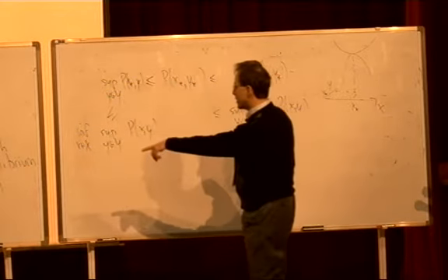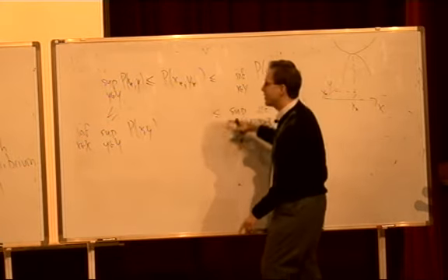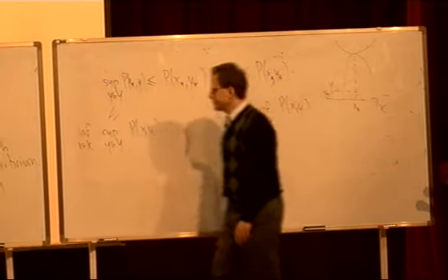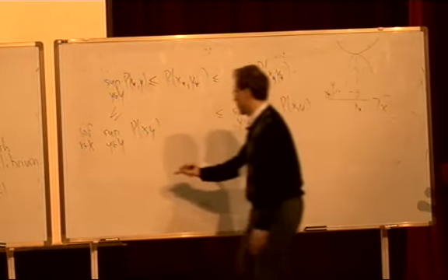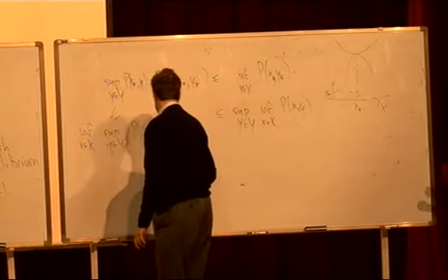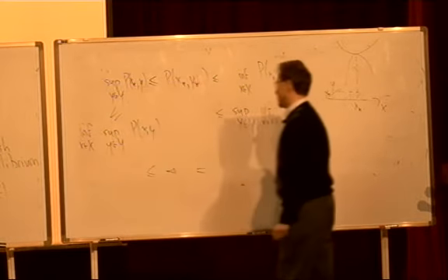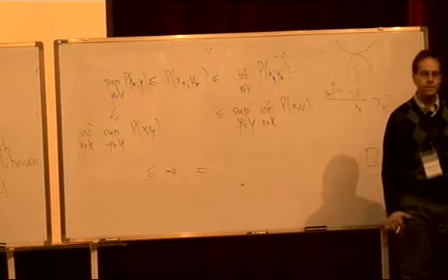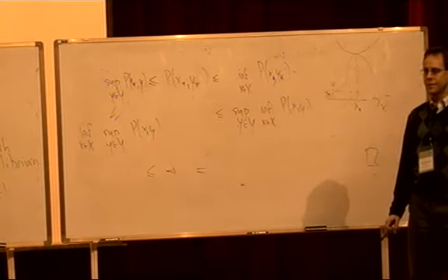And this chain of inequalities is exactly the opposite statement to this one here. So all inequalities must become equalities. Other questions?